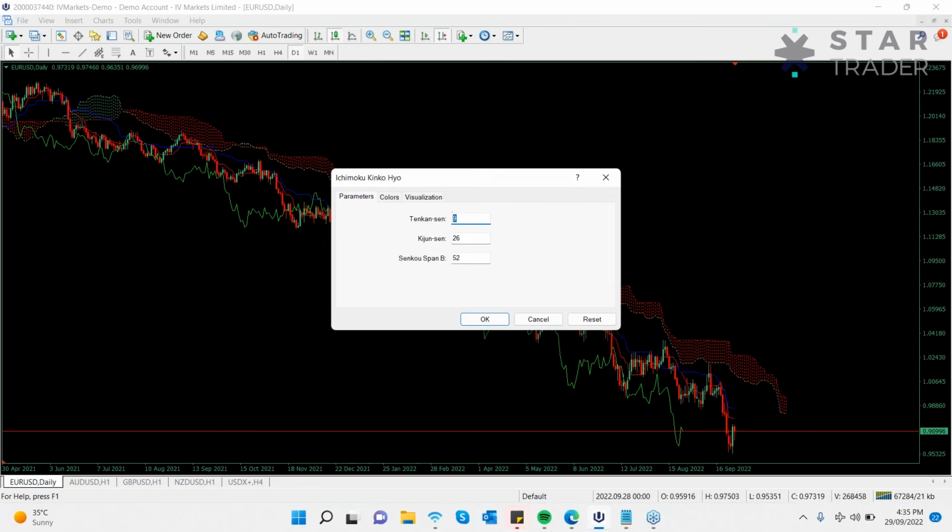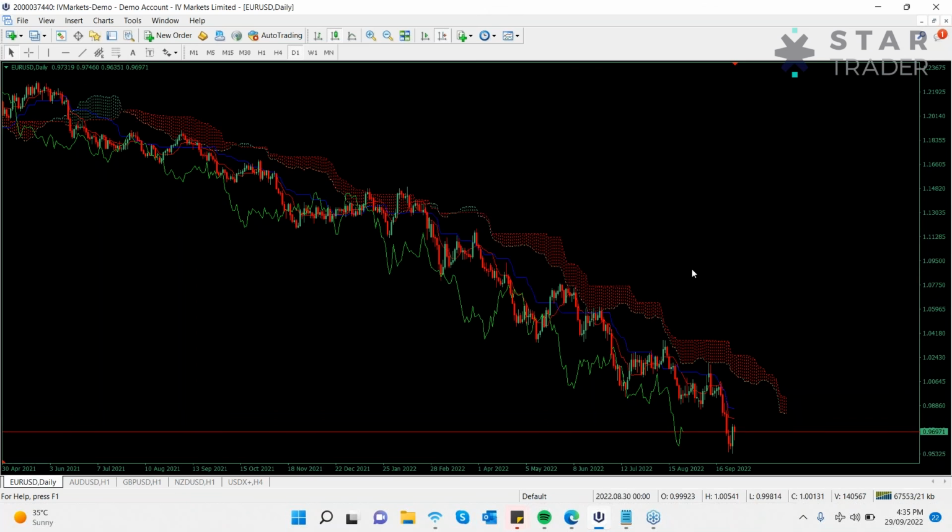So Tenkan-sen has 9 periods, Kijun-sen has 26 periods. Tenkan-sen is called the baseline as well as the conversion line. You can call it your support and resistance as well. Over here, this is a resistance because the market is bearish, so the Tenkan-sen is above the candles.